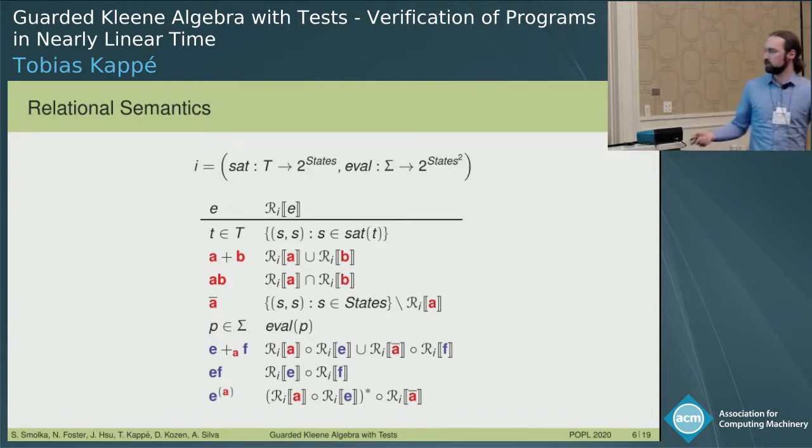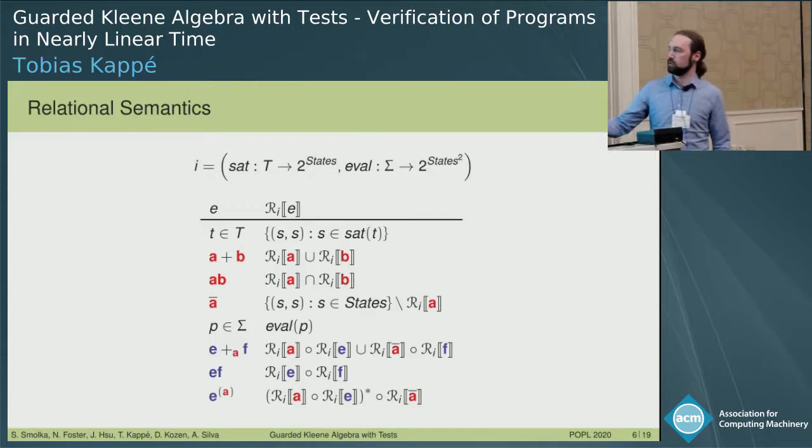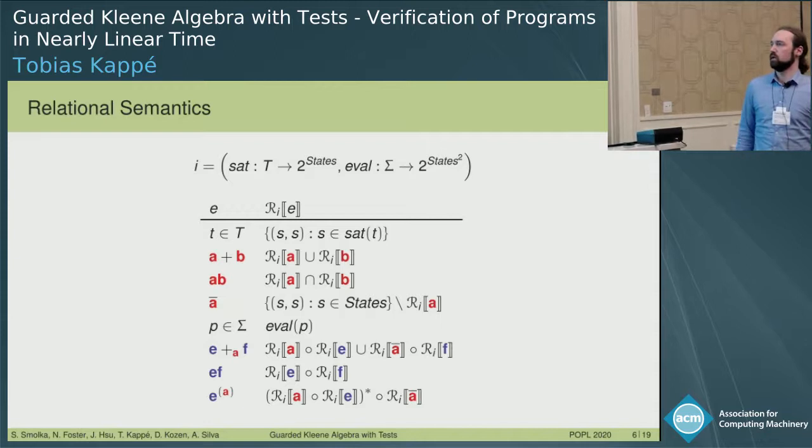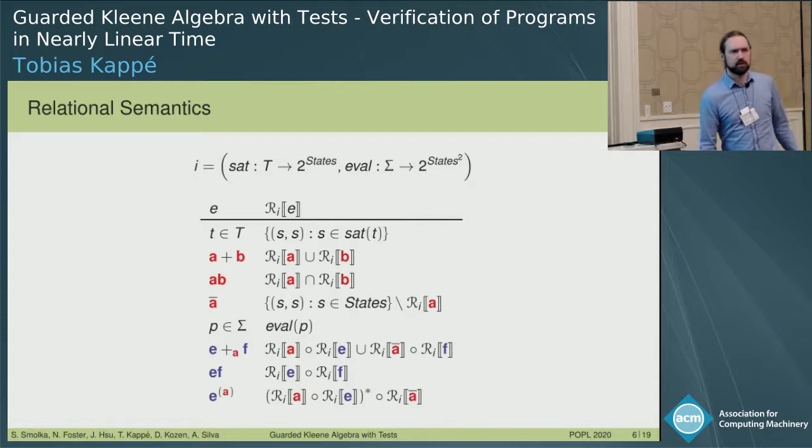So for instance, sequential composition is interpreted as relational composition, because every program given an interpretation is assigned a relation in this semantics. So this is a fairly straightforward and I would say intuitive way of giving a semantics to programs like this. The problem, though, is that you have this parameter in the interpretation, and there's, of course, infinitely many interpretations, and it's not entirely obvious how you would check whether two programs are equivalent under any interpretation.